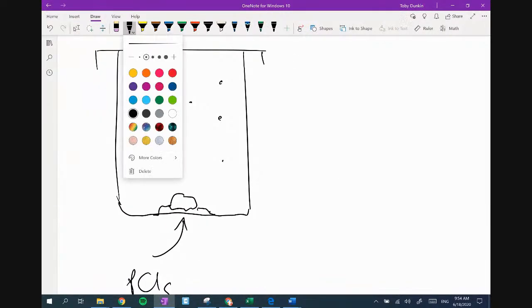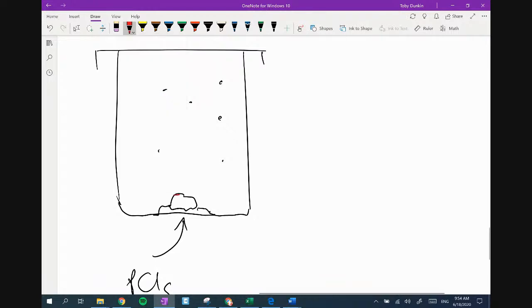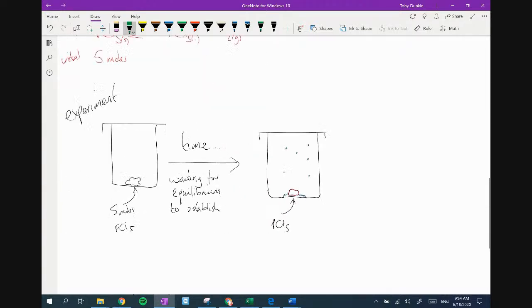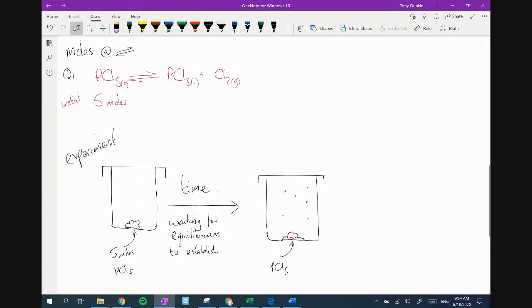Let's color code this. We've got solid PCl5, and then we have liquid PCl3, which will be accumulating nearby, and then we've got gaseous chlorine in here as well, which is of course green. So after a set amount of time, equilibrium will be established.